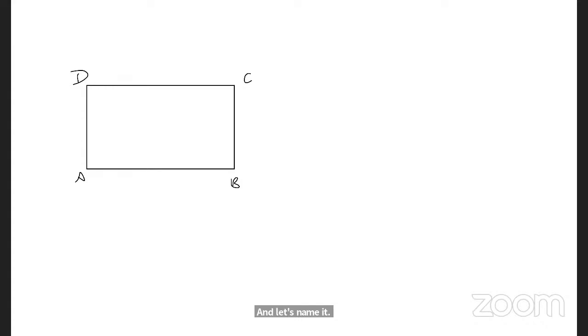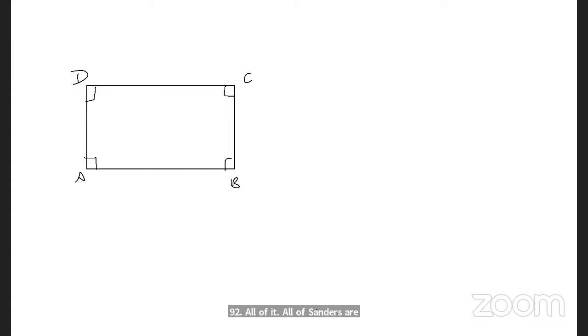In a rectangle, there is a very special feature: all the angles are right angles, which means all of them are 90 degrees. Here 90 degrees, here also 90 degrees, at C also 90 degrees, and D also 90 degrees.